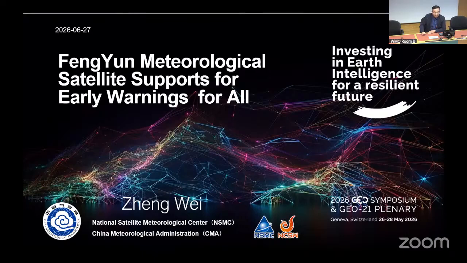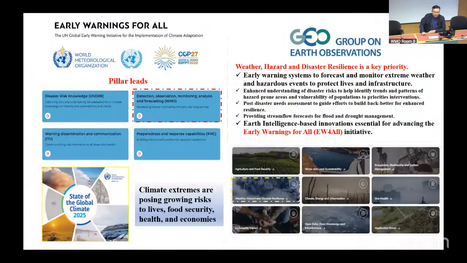Thank you very much for the moderator's introduction. Ladies and gentlemen, good afternoon. I'm very glad to be here to give a brief introduction about the Fengyun meteorological satellite support for early warning for all.